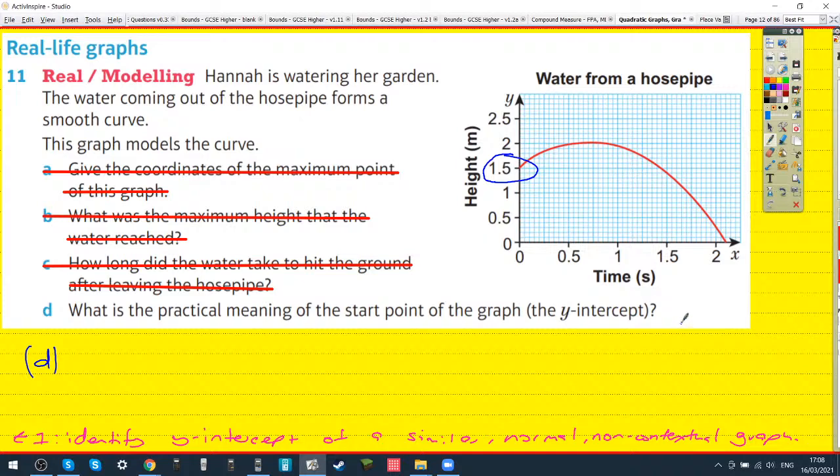Is it 3? How'd you get 3? Because it's above 2.5. Y-intercept is 1.5. It's where it goes through the y-axis. And so in the context of the question, the water leaves the hose pipe 1.5 meters above the ground.